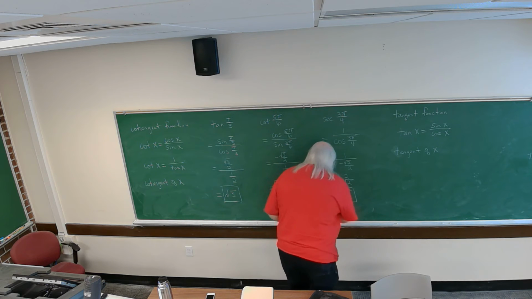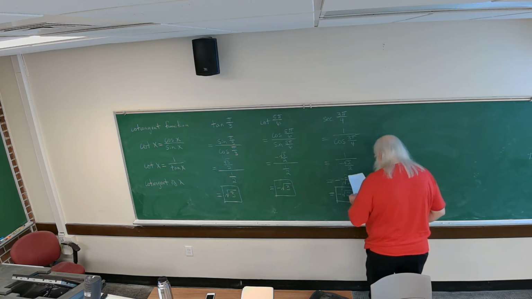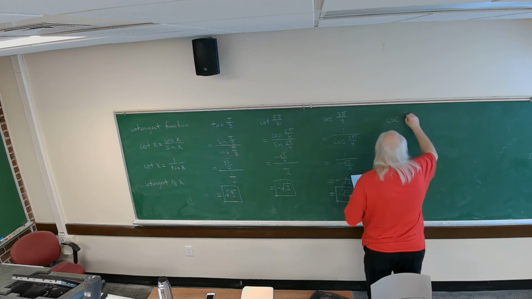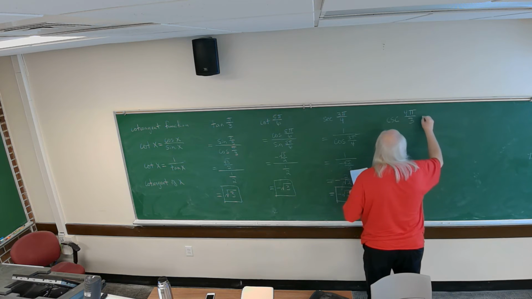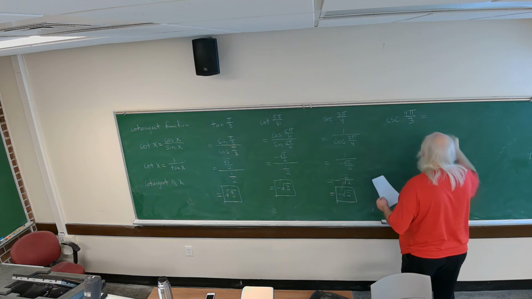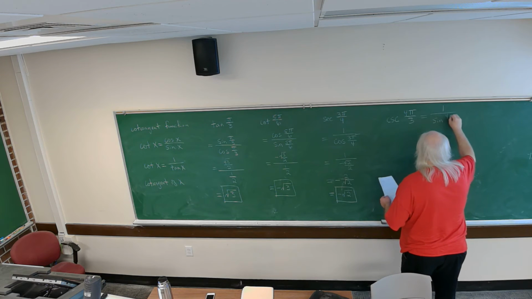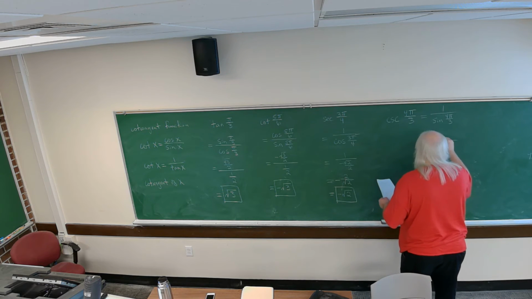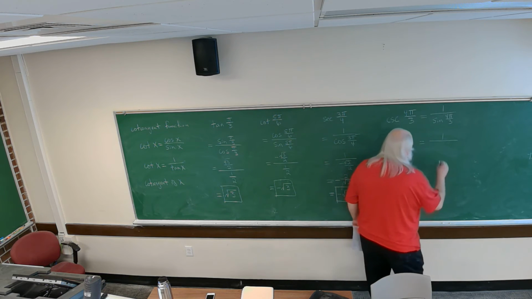And then in D, we have the cosecant of 4 pi over 3. Now you got a little space to the right on your paper. And by definition, right, cosecant is the reciprocal of sine. And sine 4 pi over 3 from the unit circle is minus square root of 3 over 2.